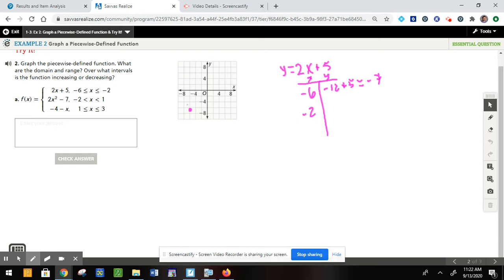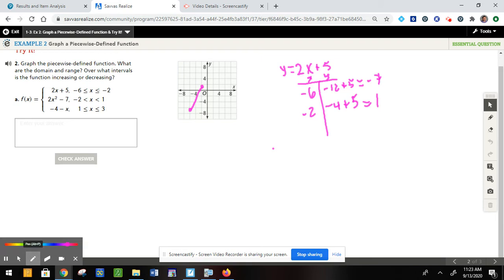Okay. And then if I substitute -2 in, 2 times -2 is -4, plus 5 is 1. So it's the ordered pair -2, 1. So if I go left 2 and up 1, it's like right here. All right. So then it's a straight line between that. I'm going to do my best to draw a straight line. Okay. And it is closed points at both of those because it's less than or equal to for both those parts of the domain.